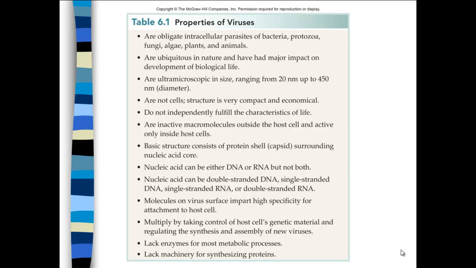Their basic structure consists of a protein, which we call a capsid, and the capsid is the outer portion, and that surrounds a nucleic acid core. Nucleic acids can be either DNA or RNA, but we do not have both in the same species. DNA can be double or single-stranded, RNA can be double or single-stranded, and the molecules on the surface of viruses, which are called spikes, are very specific to the cells that they infect.